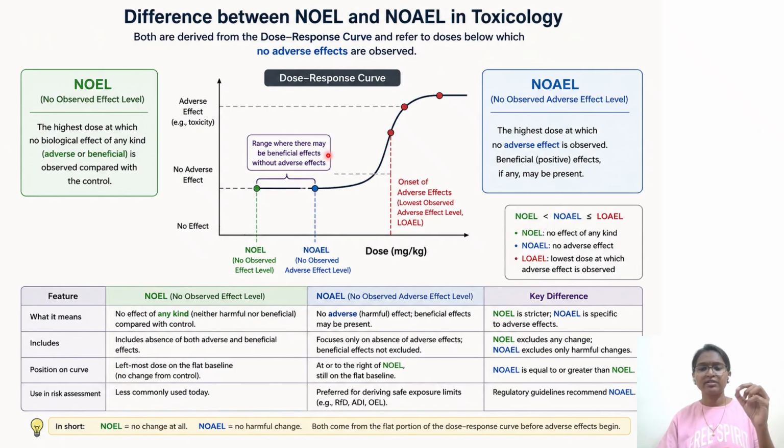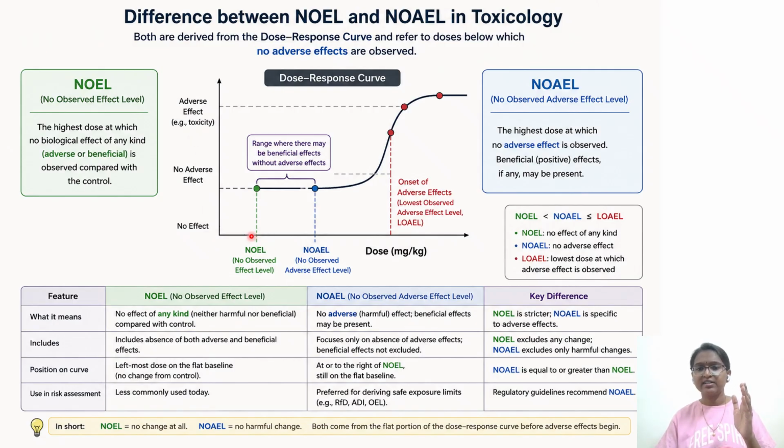In the previous slide, as we have seen, the S-shaped dose response curve. If you see on the left side, there is a flat line. On this flat line you will have NOEL as well as NOAEL. This is your adverse effect toxicity, no adverse effect, and no effect.